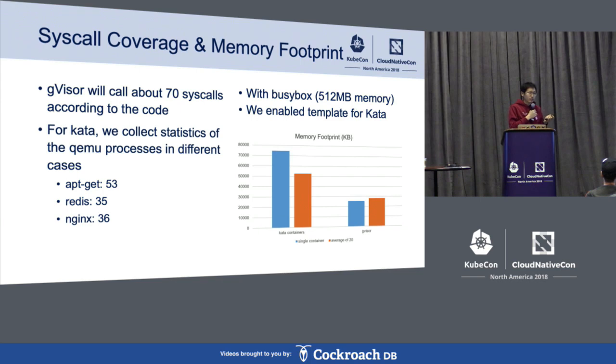But for Kata, we never use such devices, and we just configure them out. And later, when we change it to NEMU, there are even fewer devices. And for Firecracker, in the same way, they have no device model, so there will be much lighter bugs about this tricky part.